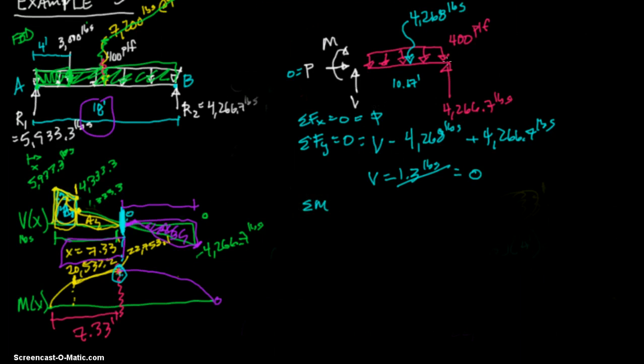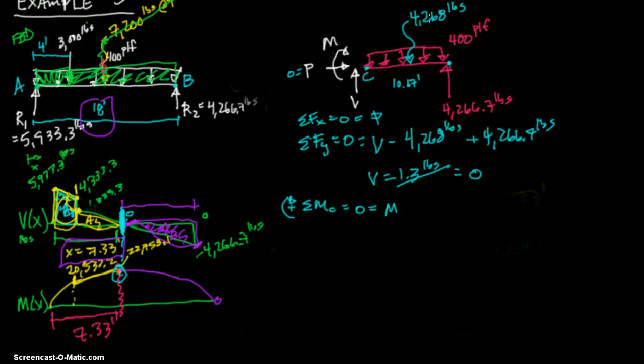Alright, now let's go over to moment, and we have to sum the moments to find the max moment. Let's go ahead and sum it about the cut. Let's call that point C, C for cut. Sum of moments about C equals 0. And at that point, let's call this positive. M is positive.